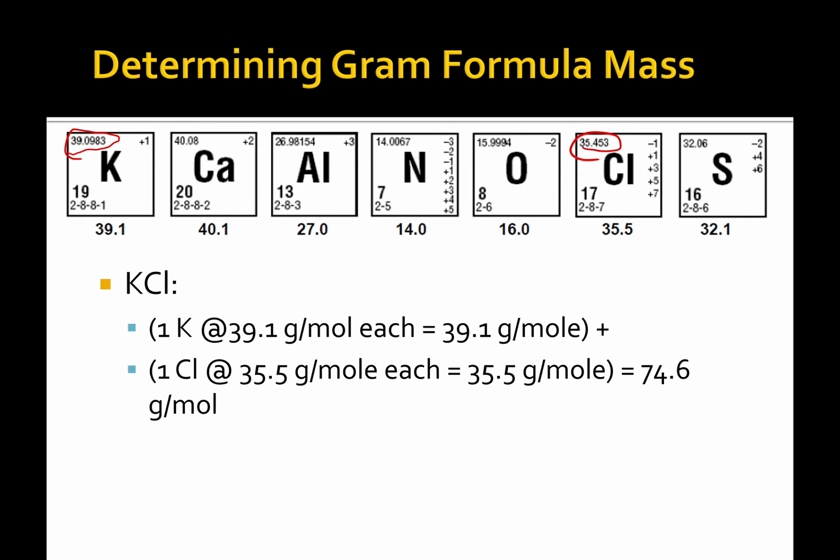We get a total partial contribution of potassium of 39.1 grams per mole. We add that to the contribution of chlorine, 1 mole of ions times 35.5 grams per mole each, which gives us a partial contribution of 35.5 grams per mole. We add that up and we get 74.6 grams per mole, which is our gram formula mass for KCl.